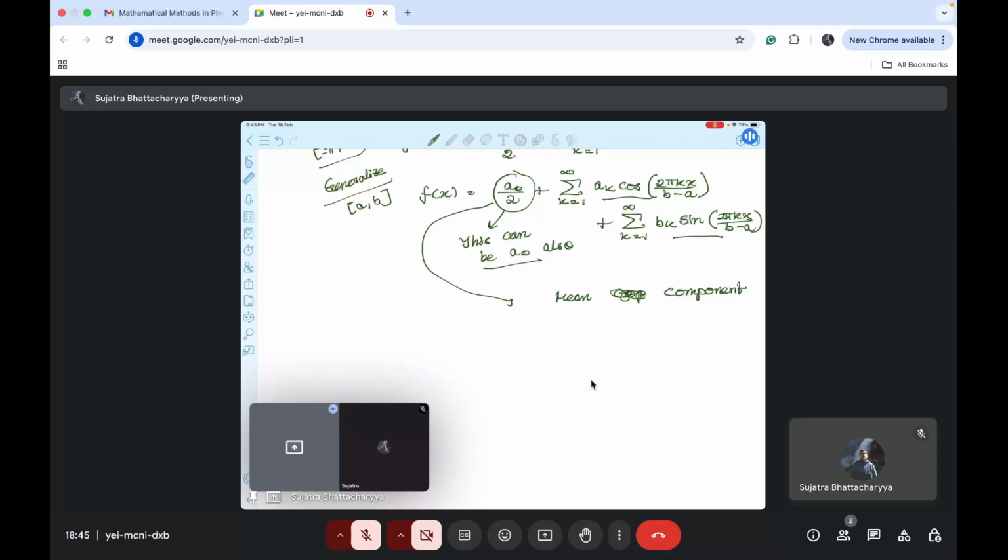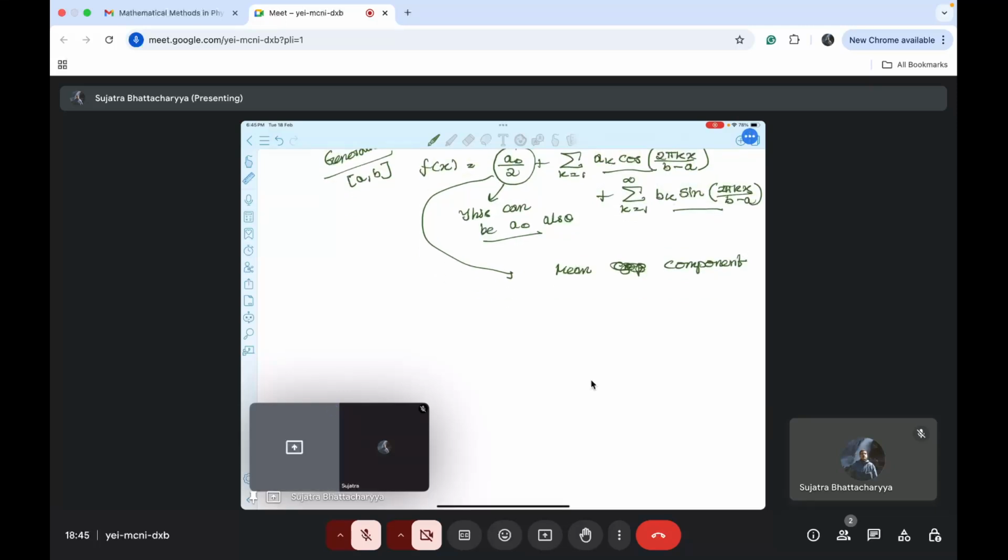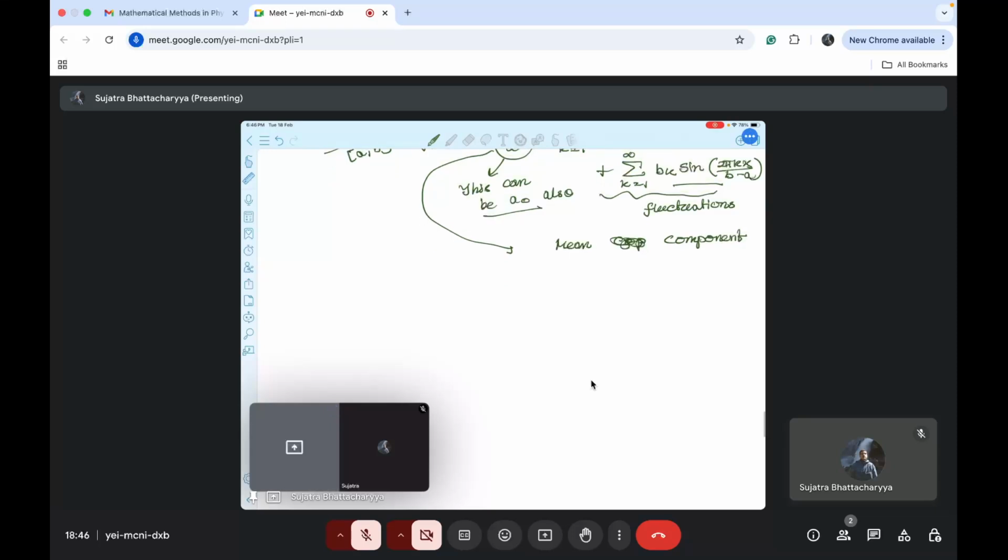So the cosines and sines represent the fluctuations, or in electronics the AC, alternating current, whereas a naught by 2 is the DC, mean value. Fine. So this is the important part. Now the question is why sines and cosines?